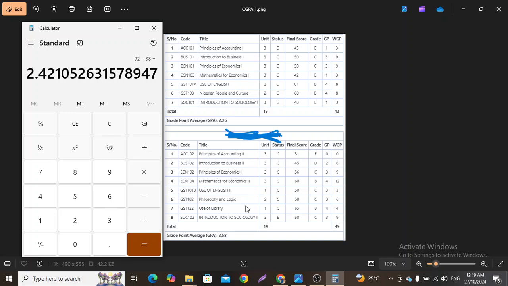That is how we do it till the final year, so that you will know why it is called cumulative. And the reason some of you find it difficult to understand is that you think, okay, in this semester I made A's, I made B's, but what happened? The CGPA is not growing. You will understand by the time we finish the calculations and everything.